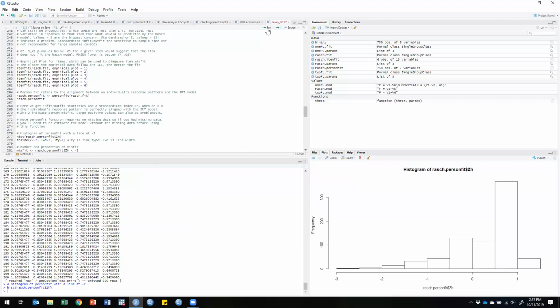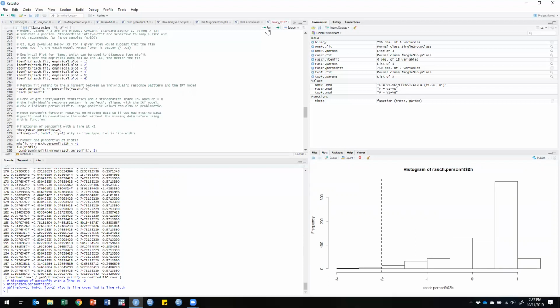We could get a histogram of the fit, so we can see how the person fit looks visually. We could add a line here at -2. Most of our people fit the model pretty well.